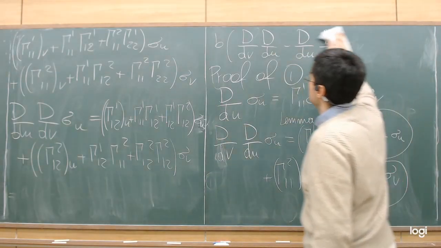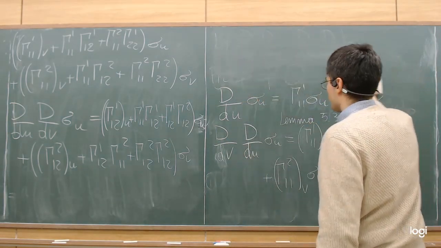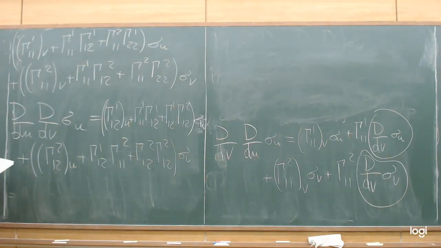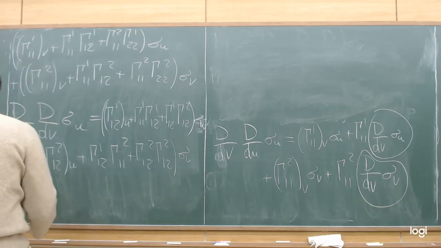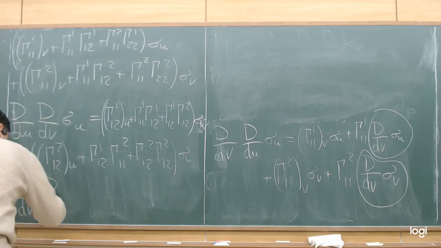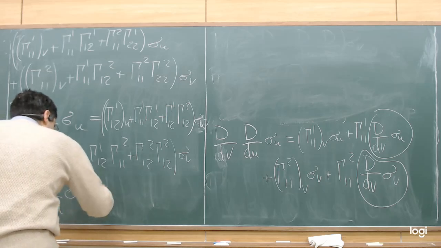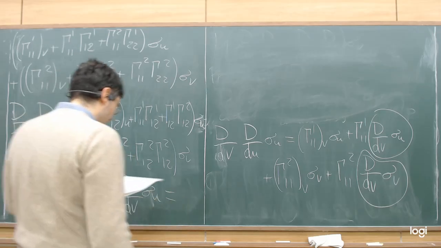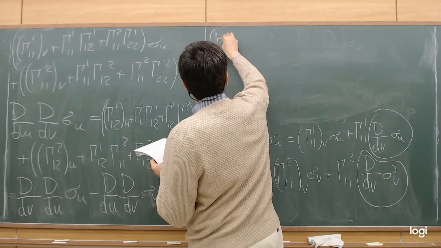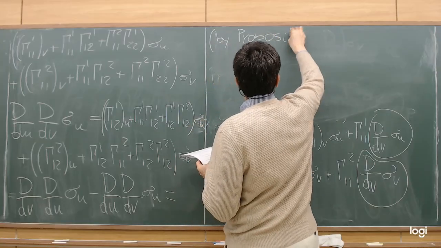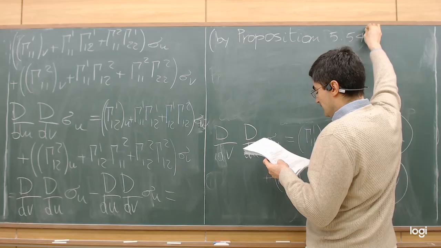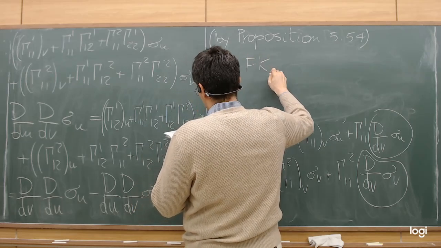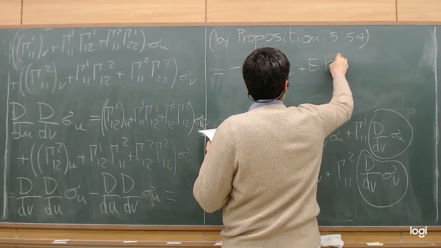Now I subtract this one from this one, and I get d_v d_u sigma u minus d_u d_v sigma u, using proposition 5.54, equal to minus FK sigma u plus EK sigma v.